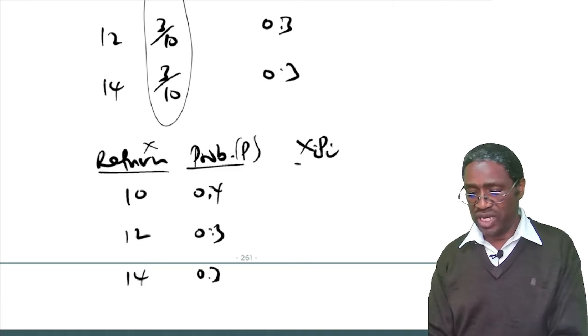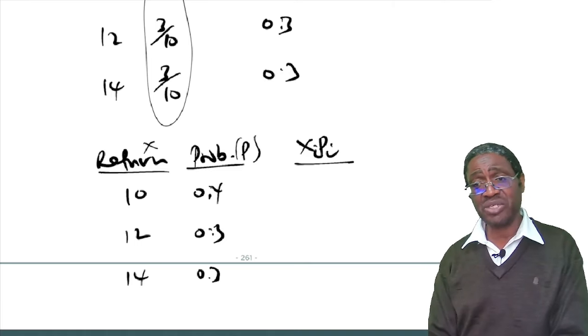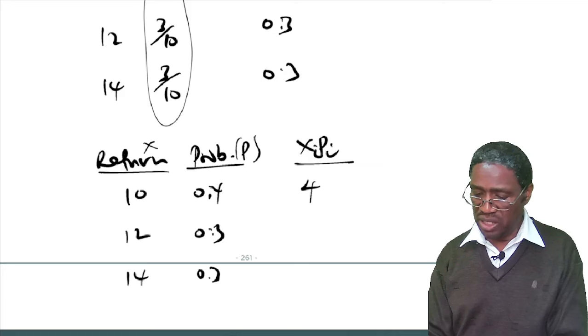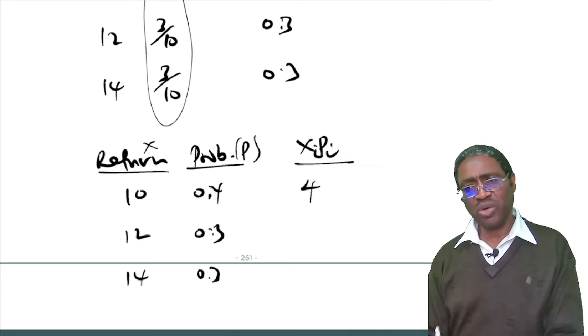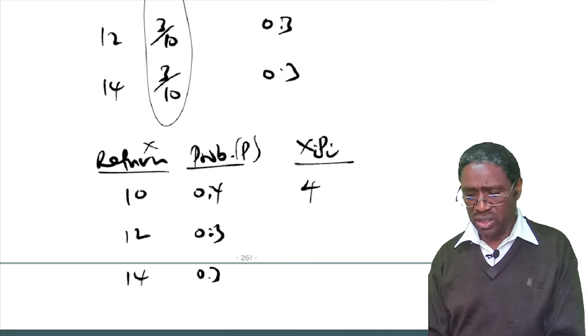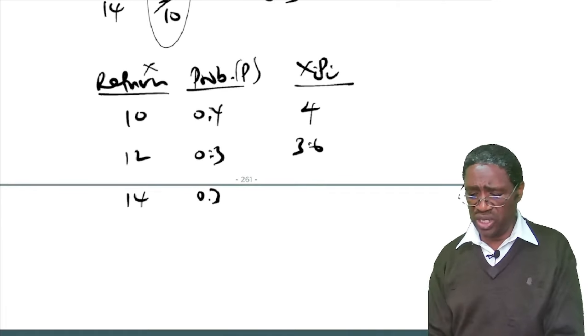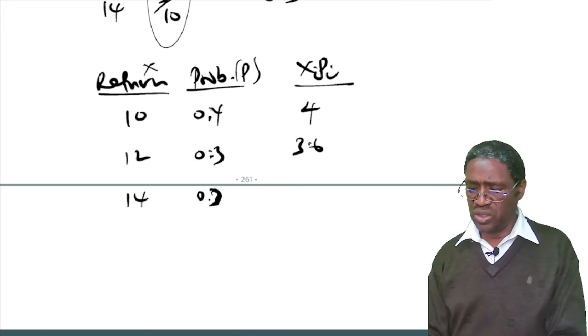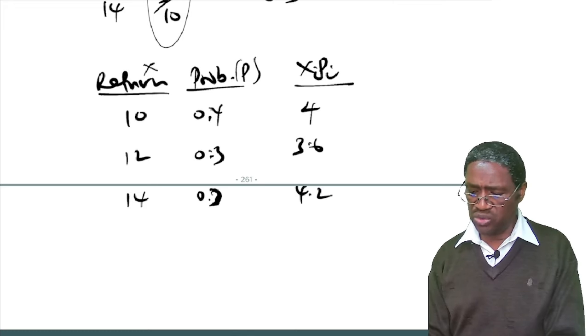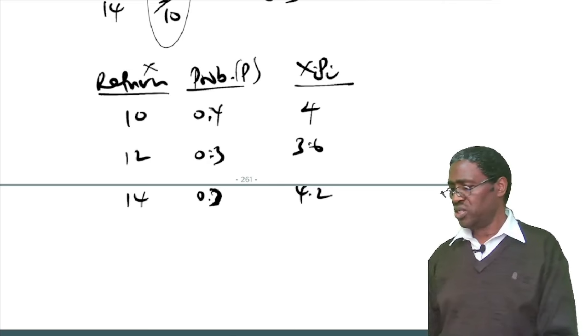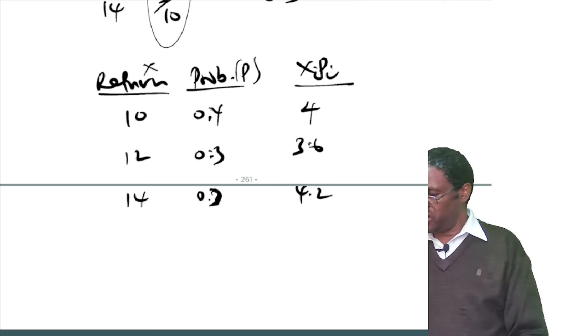Like in the first one, 10 times 0.4 gives me 4. 12 times 0.3 gives me 3.6. 14 times 0.3, what will it come to? That will give me 4.2. I think I'm right. 14 times 3.